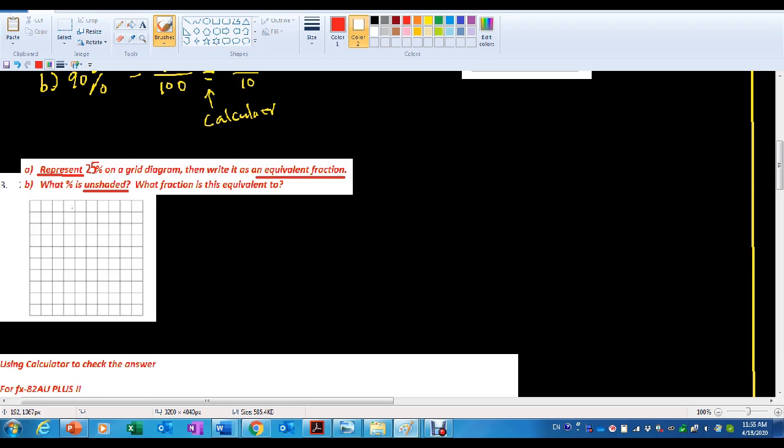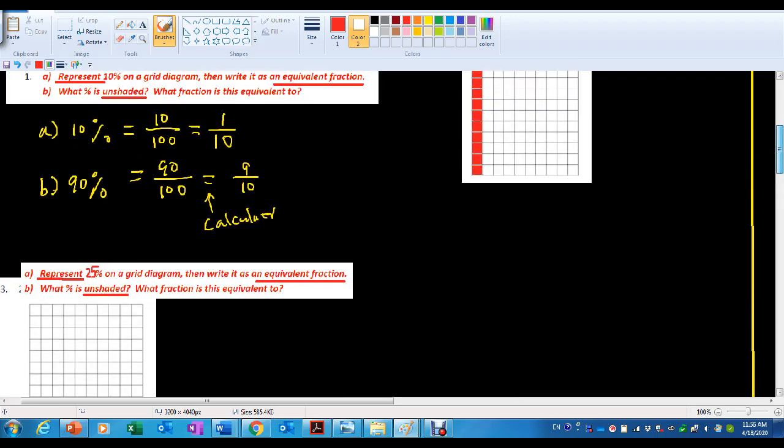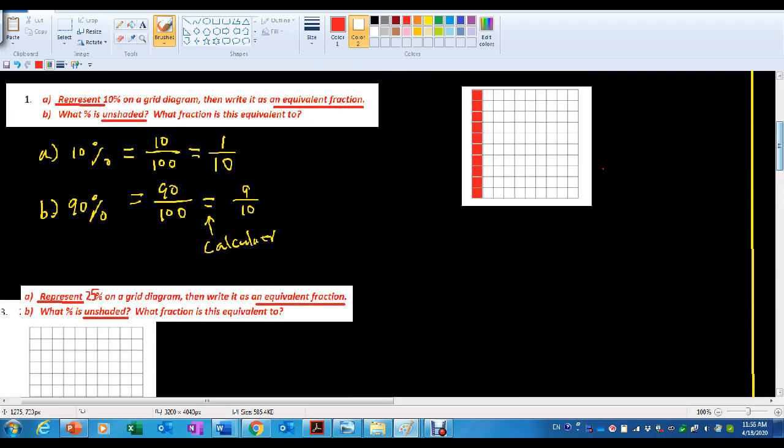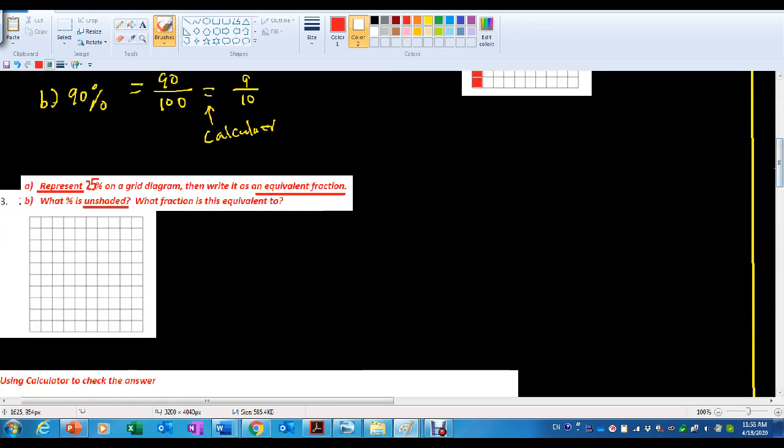The percentage of the unshaded part is always the rest of it. Like what we have done before, if 10% is shaded, then that would be 90% unshaded. You could see it from the diagram. Then you convert the percentage of the unshaded part into an equivalent fraction. Let's try to do it.